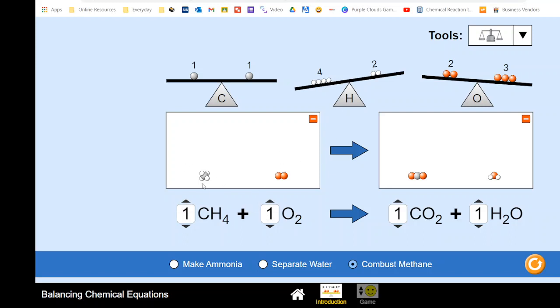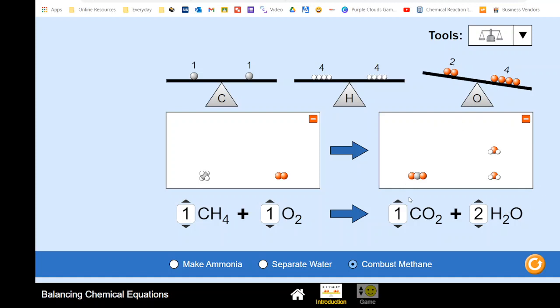On the left side, we have 4 white circles for hydrogen. On the right, we have 2 white circles or 2 hydrogen. We have to increase the thing with the hydrogen until we have 4 hydrogen total or 4 white circles. Currently, our carbon and hydrogen are both balanced. Our next step is to balance the final element, oxygen.